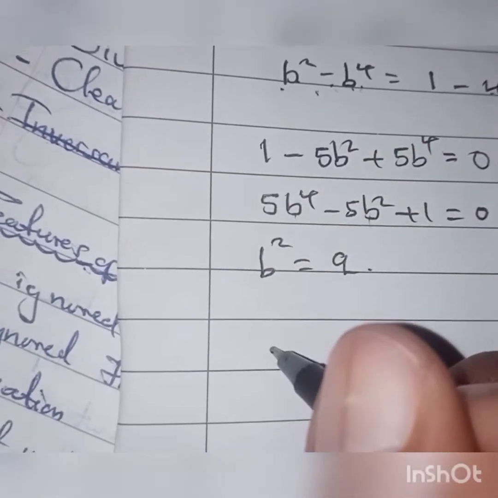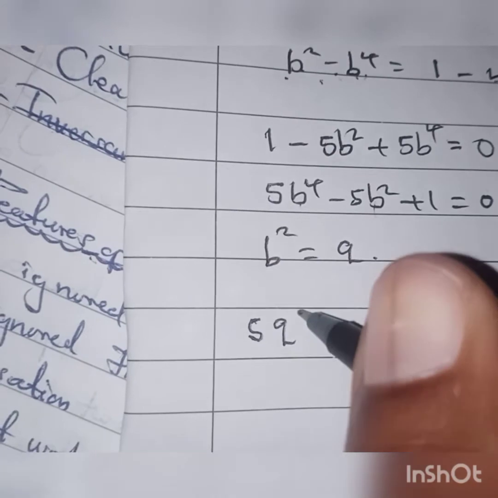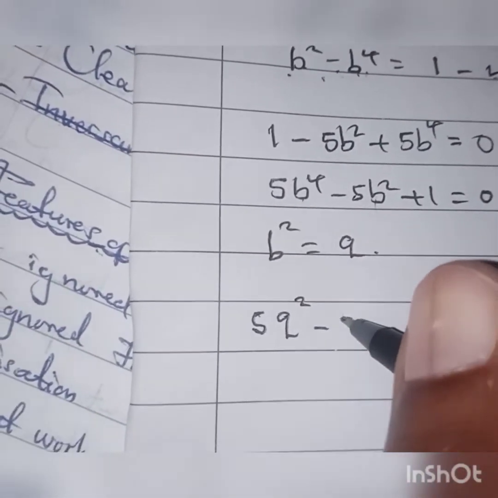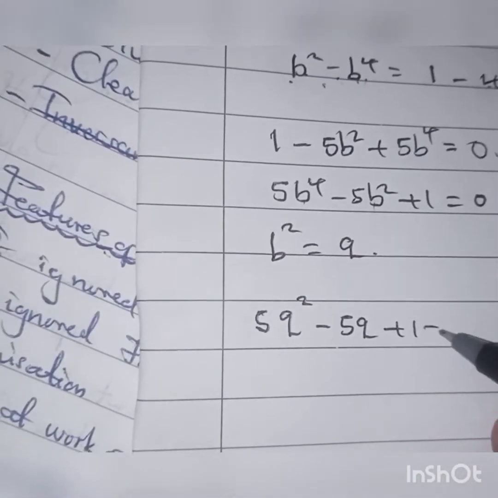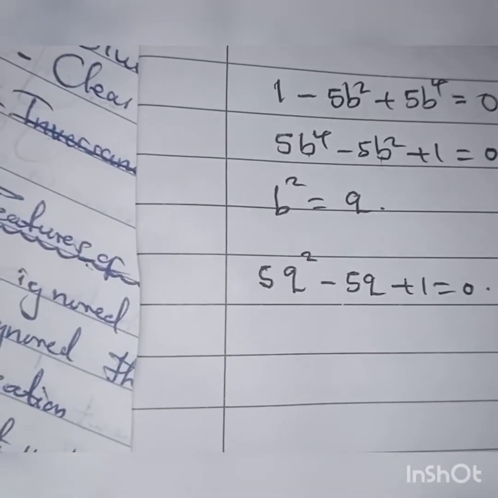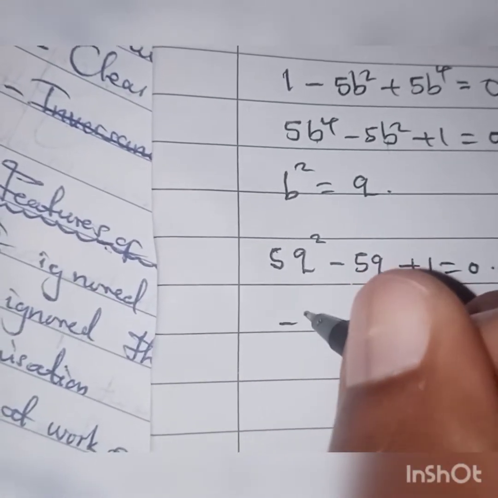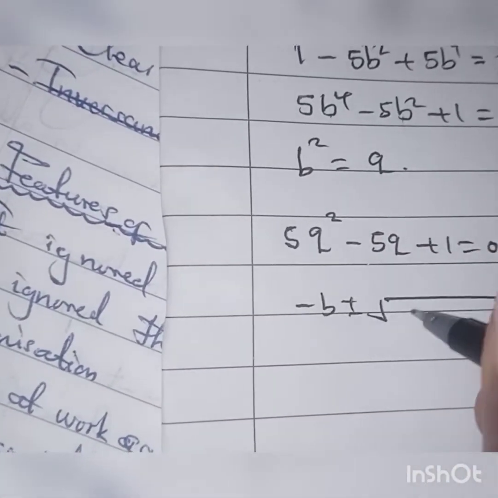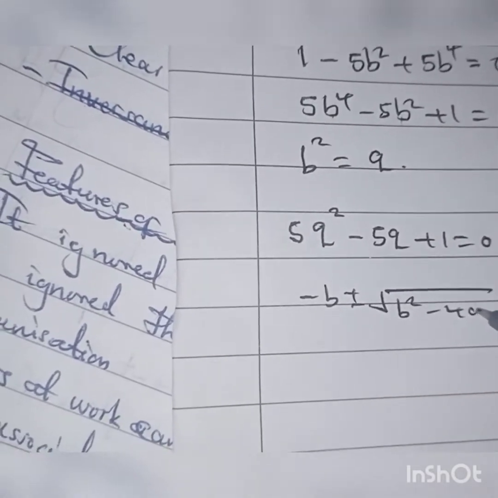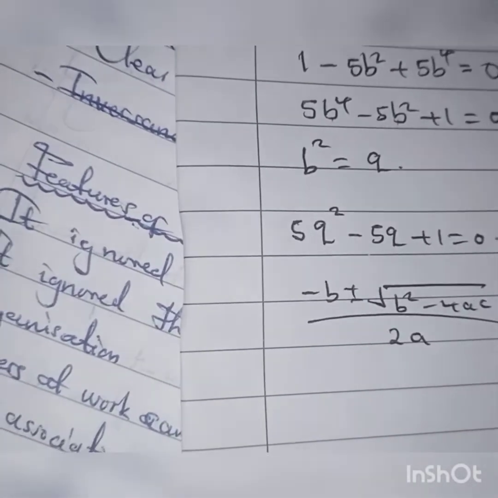When you substitute b squared with q, it will be 5q squared minus 5q plus 1 equals 0. So using the quadratic formula, minus b plus or minus the square root of b squared minus 4ac, all over 2a, should give us the value of q.